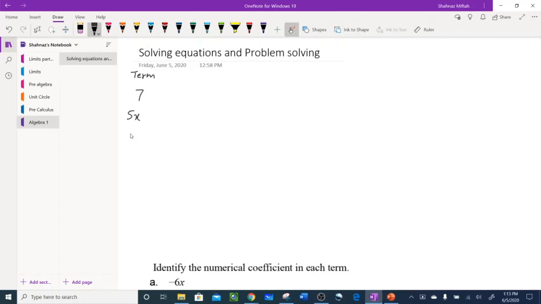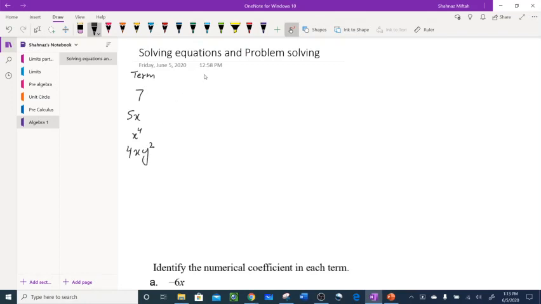And also, if I have just variables raised to the power of something, this is also a term. If I have 4x y squared, this is also a term. You have variables and a 4 multiplying with each other, x and y raised to the power 2. This whole thing is called a term.